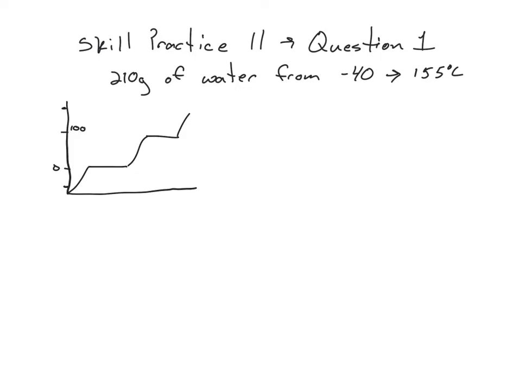So in this case, there's going to be 5 parts to our problem. And we're going to break it up into those 5 different parts. So part A, that's going to be from negative 40 up to 0 degrees, right? In order to do that, we're going to do MC delta T. And so the mass is 210. The specific heat of ice is 2.06.